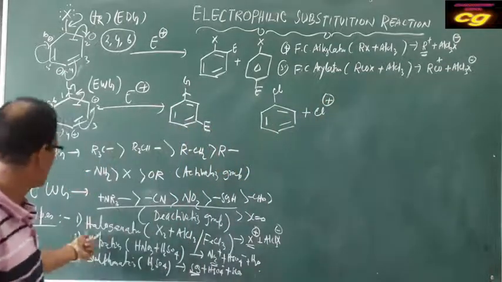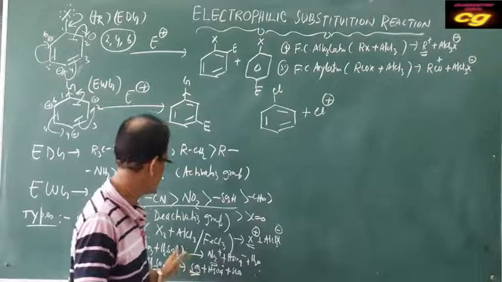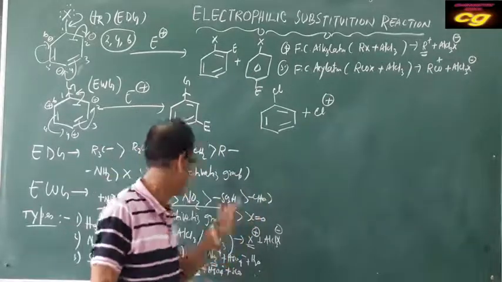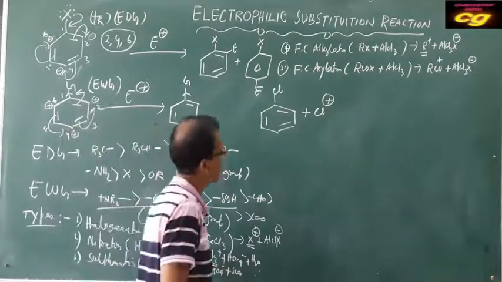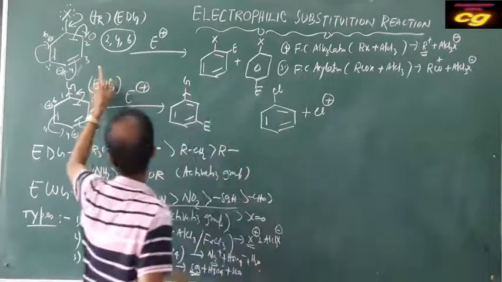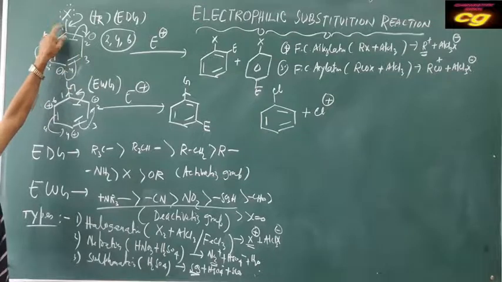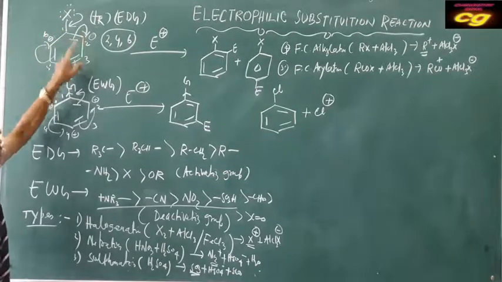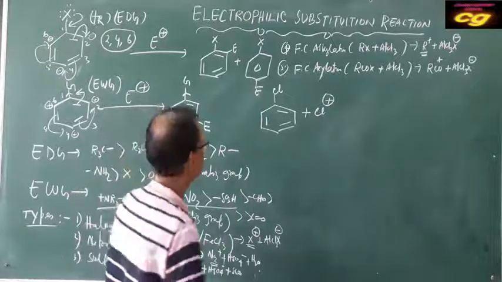In nitration NO2 plus will be added, in sulfonation SO3 will be added. Haloarenes always give ortho and para derivatives, so let us discuss the ortho derivative product.